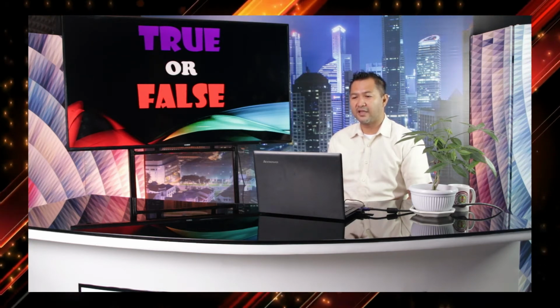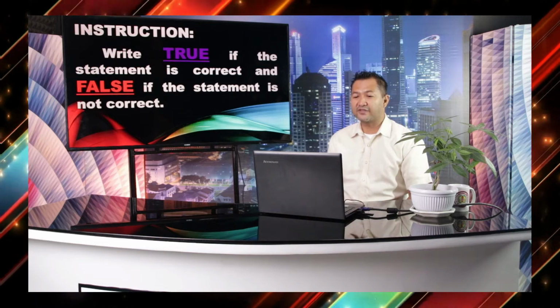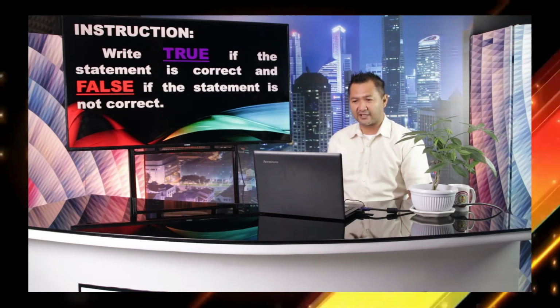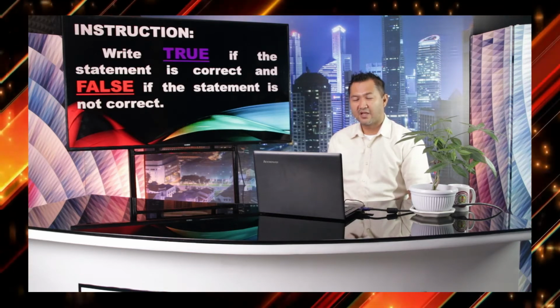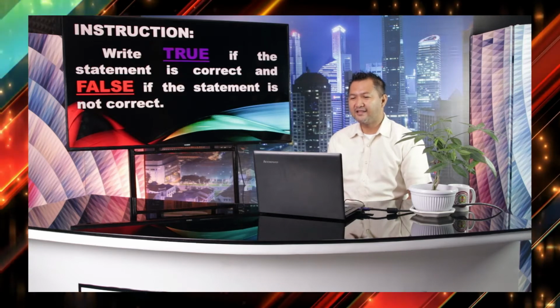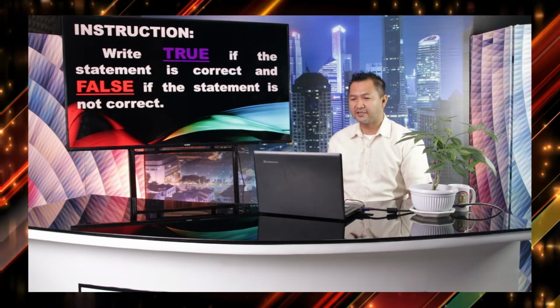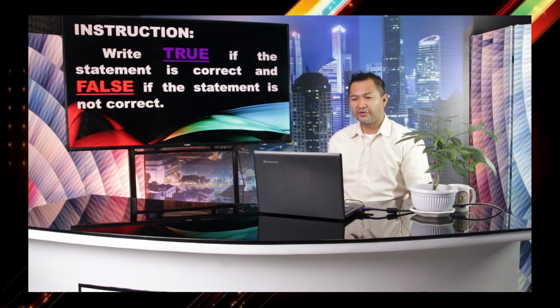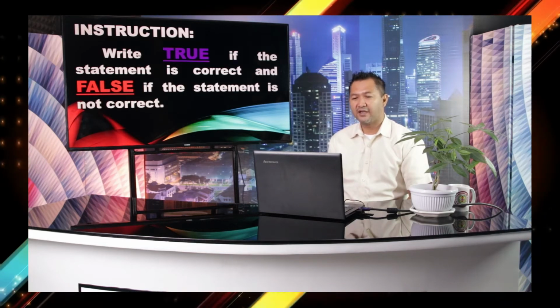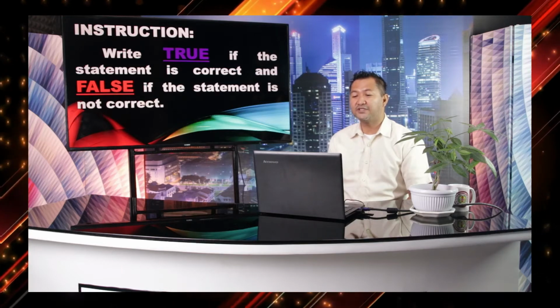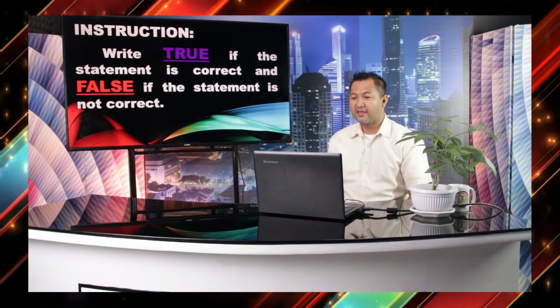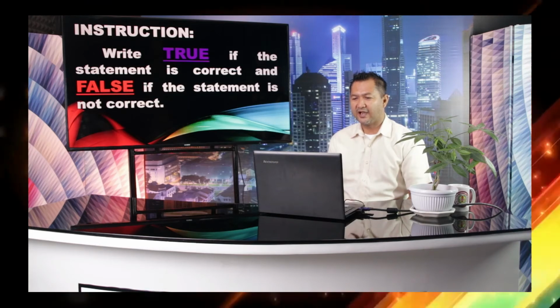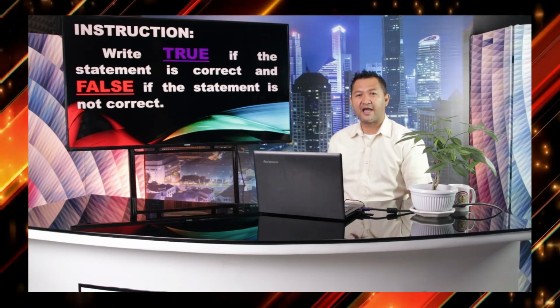The instruction: write true if the statement is correct and false if the statement is not correct. Students, kindly get now your pen and paper so you can write your answer. I will read the statement twice and you will be given 5 seconds to answer. After 5 seconds, I will reveal the correct answer.